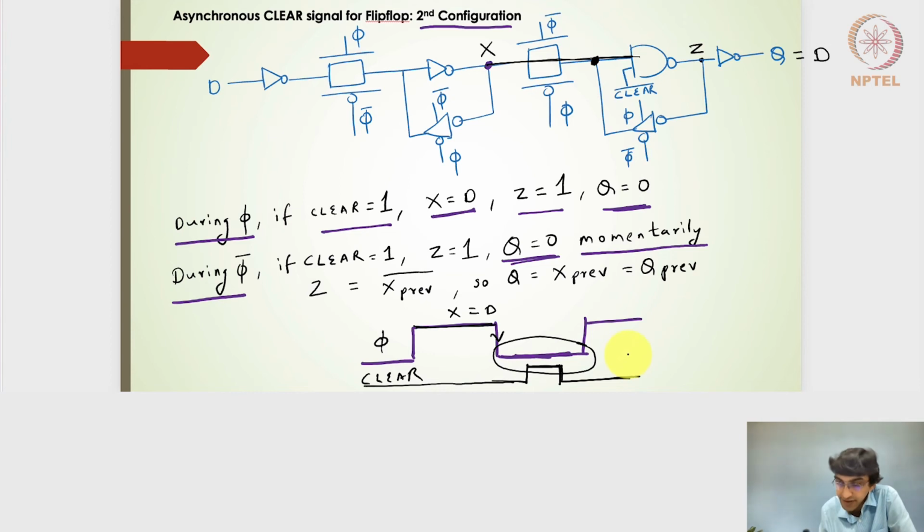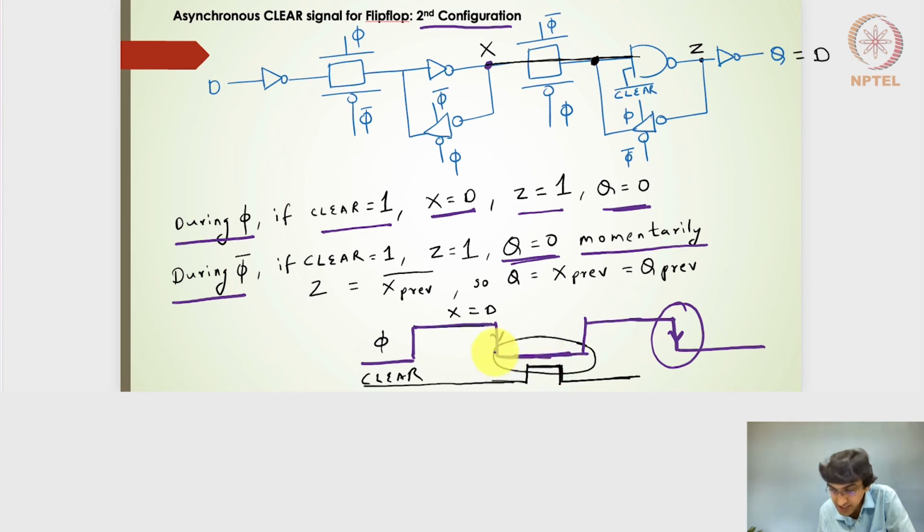What we really want from the circuit design is that the moment we press the clear signal or the set signal, Q should be 0 or 1, and it should stay at 0 or 1 till the next negative edge comes. So I'll have to wait for this particular edge.